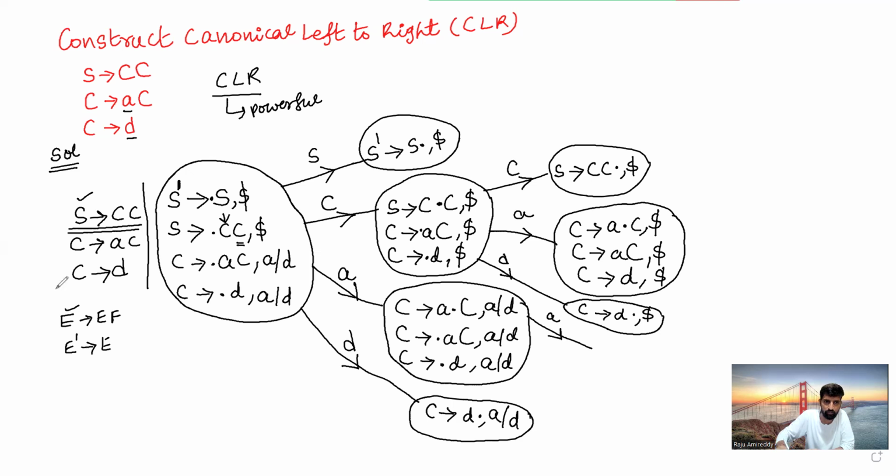Sorry, here we are going to have capital C. Okay, this capital C will become S tends to C, A C dot comma. So A dot C will become AC dot comma A by D. We will write as it is.